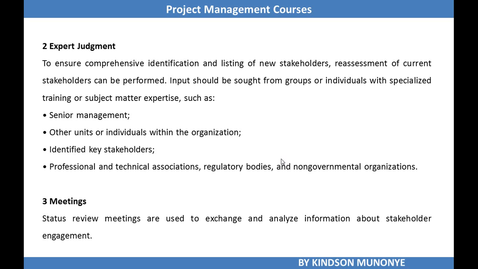So just go get these experts, spend time with them, and you can have some insights into how to control the stakeholders. And of course we have meetings. For instance, status review meetings might be used to look at ways to control stakeholder engagement.